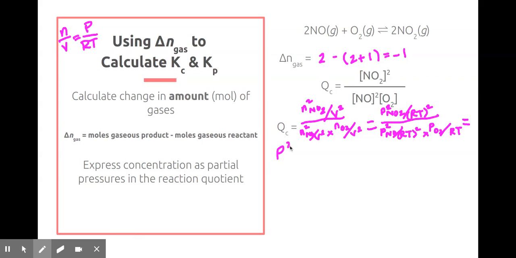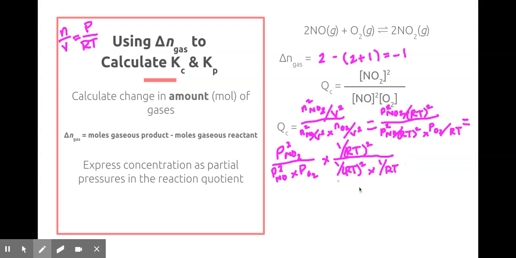We have the partial pressure squared of NO2 divided by the partial pressure squared of NO times the partial pressure of O2, times 1 over RT squared divided by 1 over RT squared times 1 over RT.